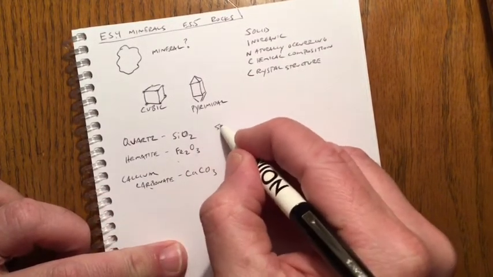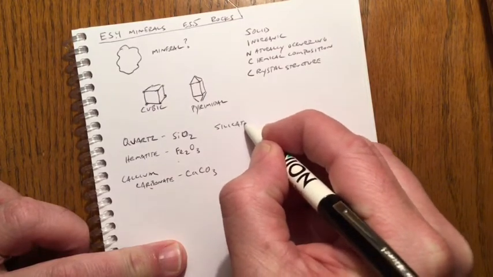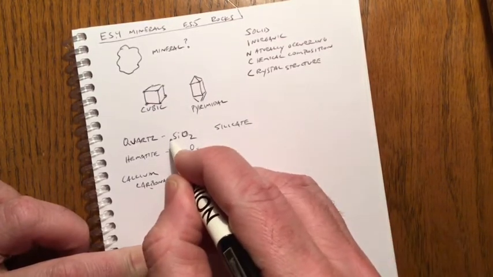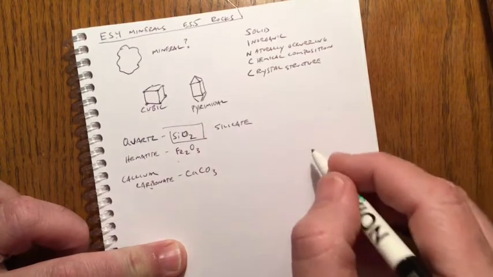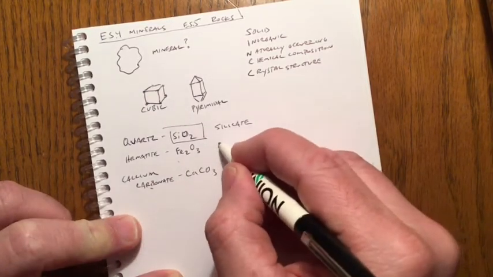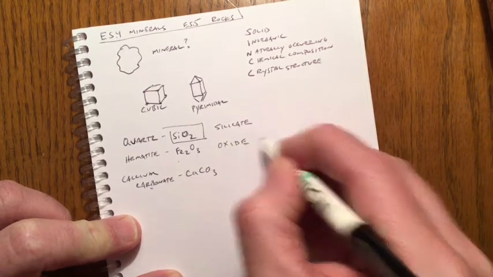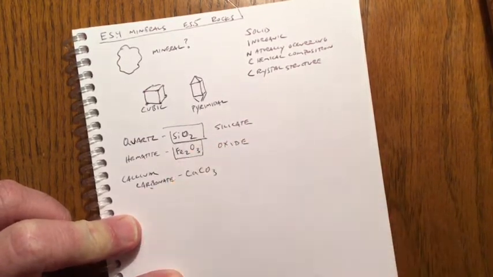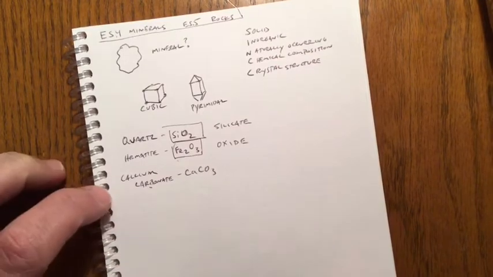Quartz is a silicate containing silicon and oxygen. These are the most common minerals on the planet. Hematite is an oxide containing oxygen and a metal. Iron is a metal.